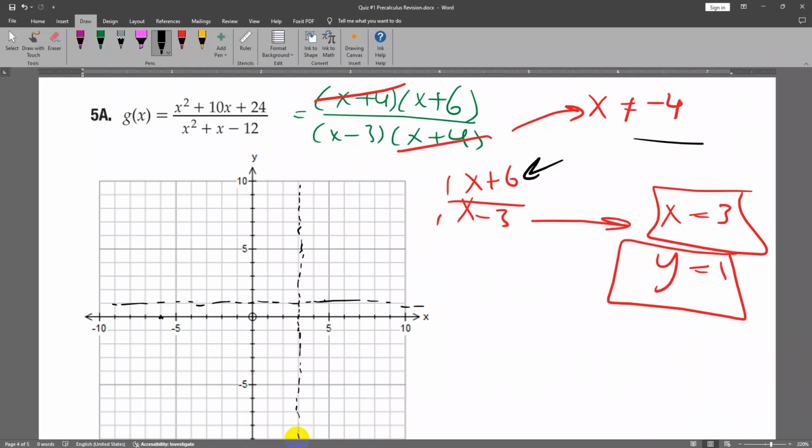And remember, at -4 we don't have anything, so we have a gap. It's like you come to -4 and you draw a gap, okay, and complete your drawing close to your asymptotes like this. This is the graph.